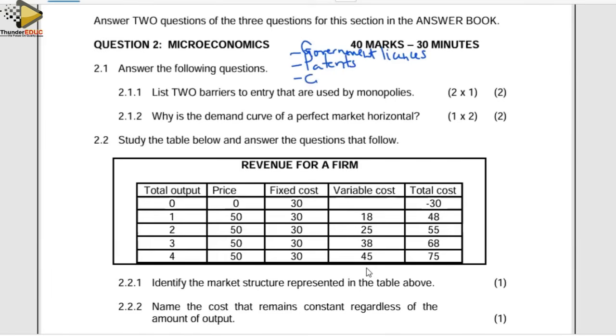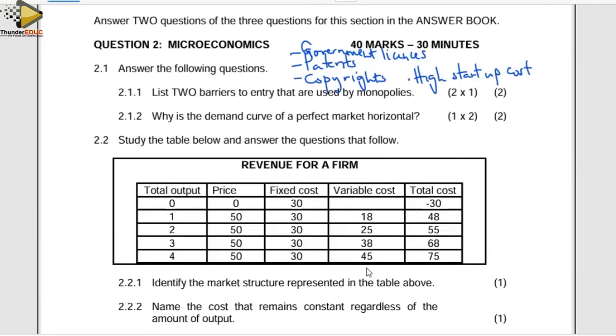They can also use copyrights, where you cannot imitate a specific product because it's copyrighted. And also, monopolies can have an advantage that new businesses cannot cater for the high setup costs. The startup costs, usually they are high.